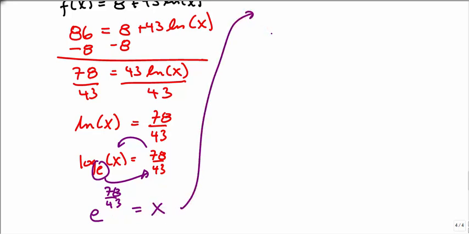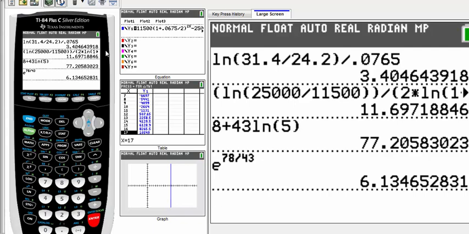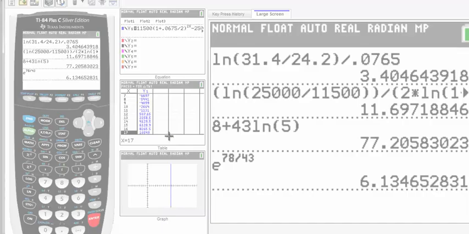Okay, so let's figure out what e to the 78 over 43 is. Calculator. So here's my e, exponent 78 divided by 43. So it looks like 6.1 or so.